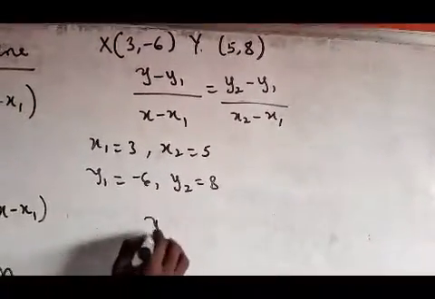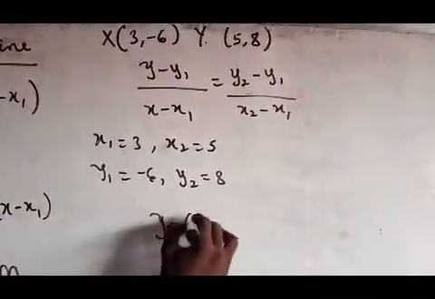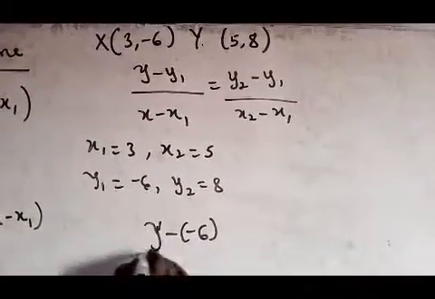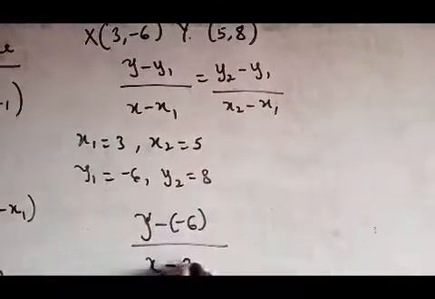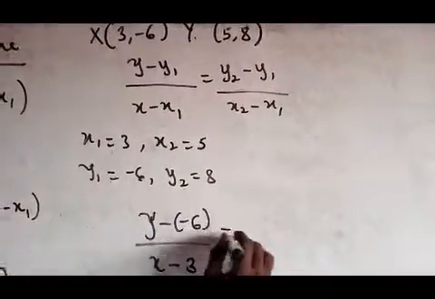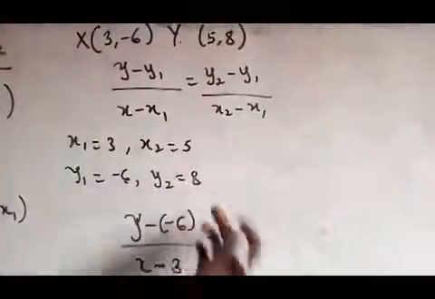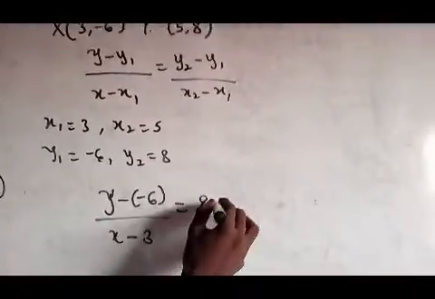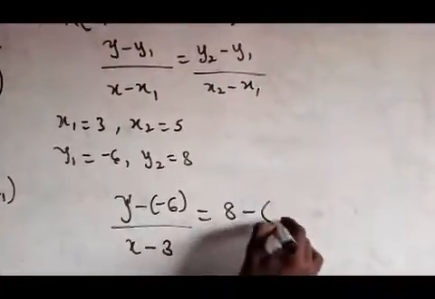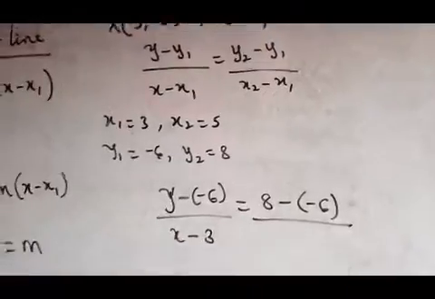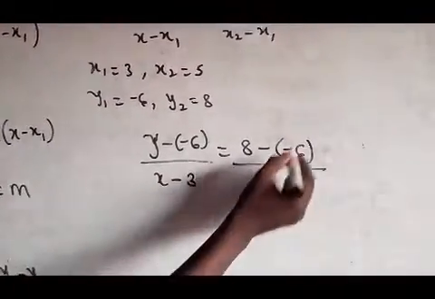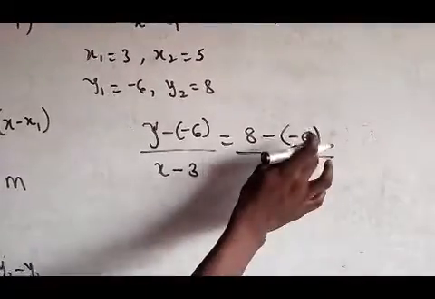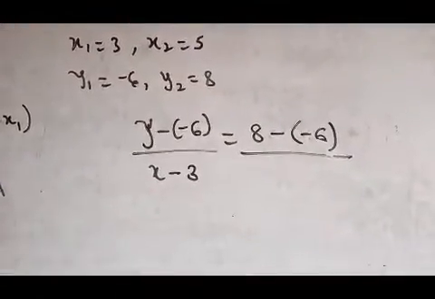That will be y minus minus 6, all over x minus x1, which is 3, equals y2, which is 8, minus y1, which is minus 6. You can see that the signs, those that have minus again, I have to put them in brackets so that it won't disturb the calculations.